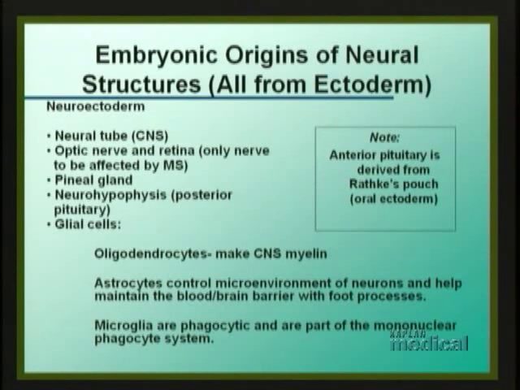Note also that the central nervous system includes the pineal gland, as well as the posterior pituitary, and certainly included in the neural tube are a variety of glial cells. We've mentioned oligodendrocytes as those that make central nervous system myelin, but certainly the most prevalent glial cell in the CNS are the astrocytes, which, as we indicate here, control the microenvironment of neurons and help maintain the blood-brain barrier with their foot-like processes that are directly opposed to the capillary endothelial cells.